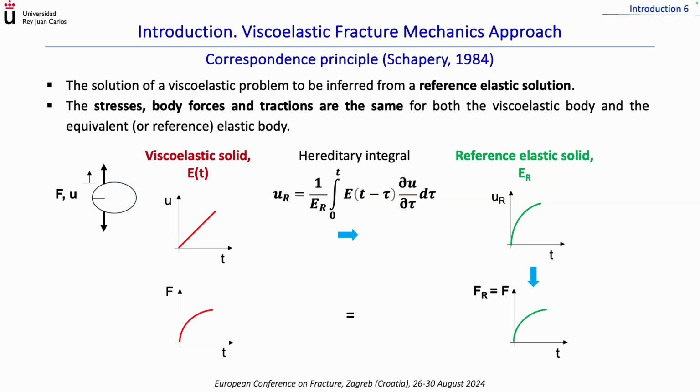This displacement in the reference elastic solid, U_R, is obtained through this integral, where U is the actual displacement in the viscoelastic solid, E(t) is the relaxation function in the viscoelastic solid, and E_R is the reference modulus, which is constant in the reference elastic solid. Once the equivalence between the viscoelastic solid and the reference elastic solid is established, we can define the fracture parameters in the reference elastic body.